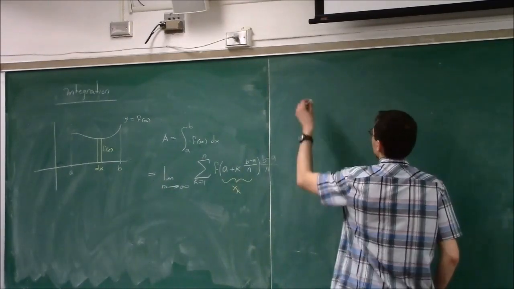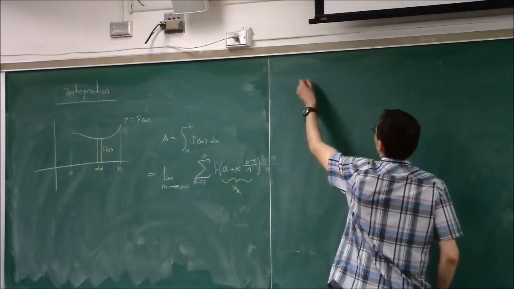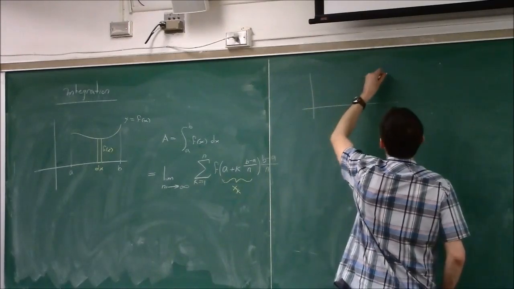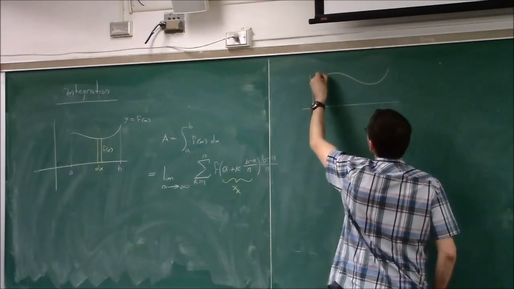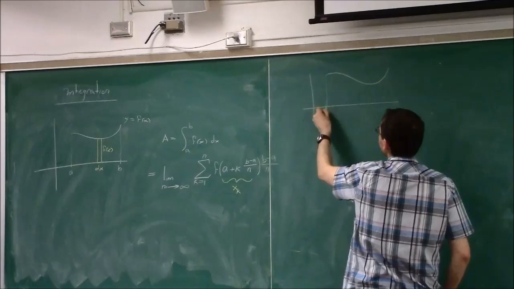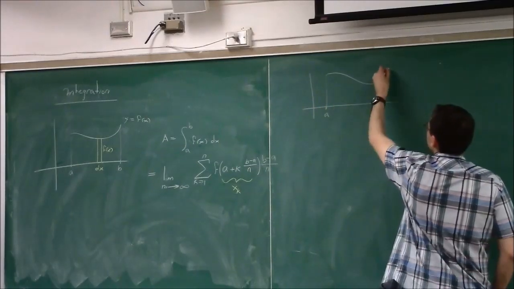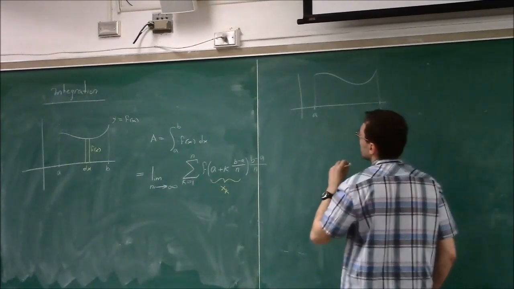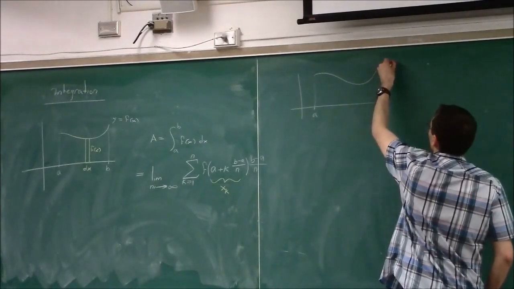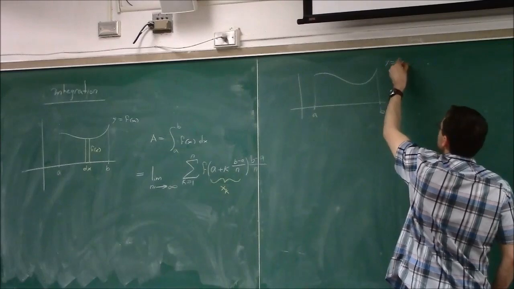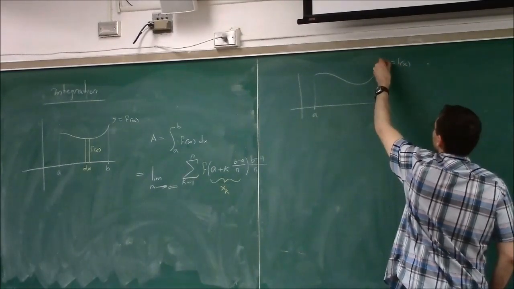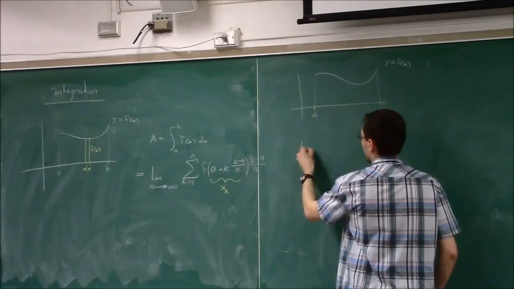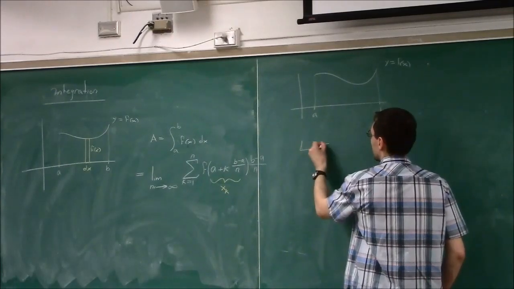So if you have a curve, so this is A, this is B, the function is y equals f of x. How would you use the left-hand approximation by n rectangles? Let's call it L sub n.